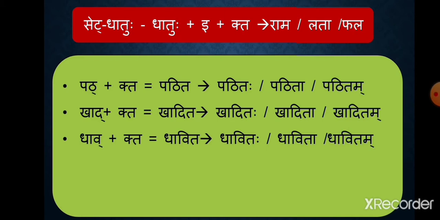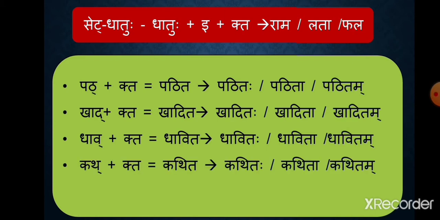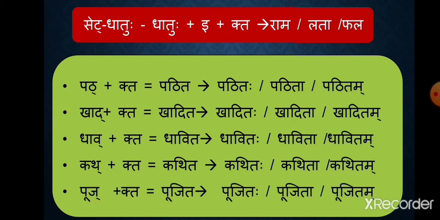The form is dhavita, and the forms in 3 different genders are dhavitah, dhavita, dhavitam. Kath dhatuhu plus ta pratyayah. The form is kathita, and the 3 different forms in 3 genders are kathitah, kathita, kathitam.